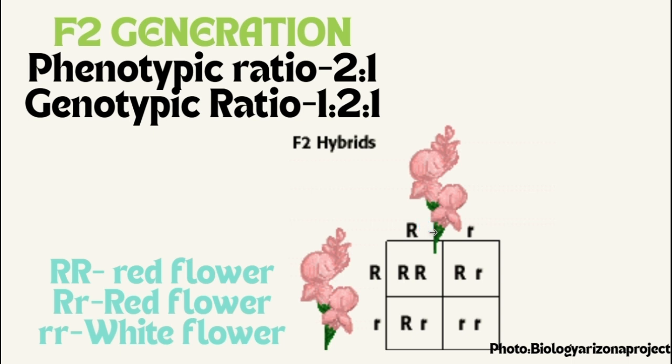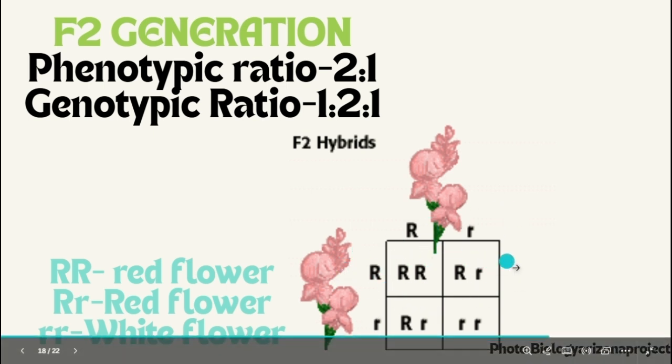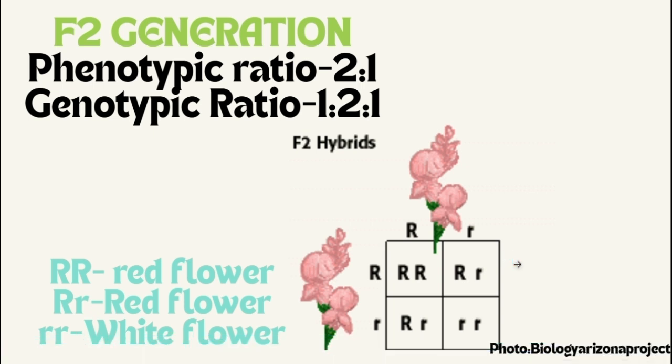In this situation, we have two heterozygous, both of these flowers look red, but if we want to predict the next generation, we can do a cross, and that's what we're going to do now. This is a Punnett square. It's very easy, not hard.